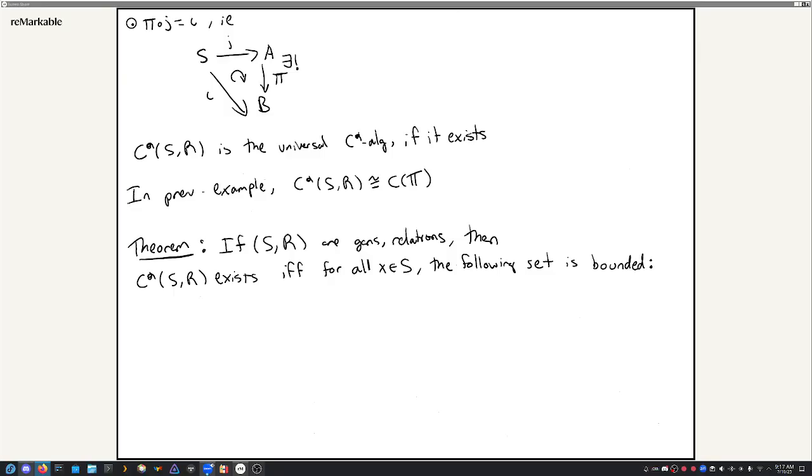It's the set of norms of j of x, where j is a C-star representation of the pair S, R.